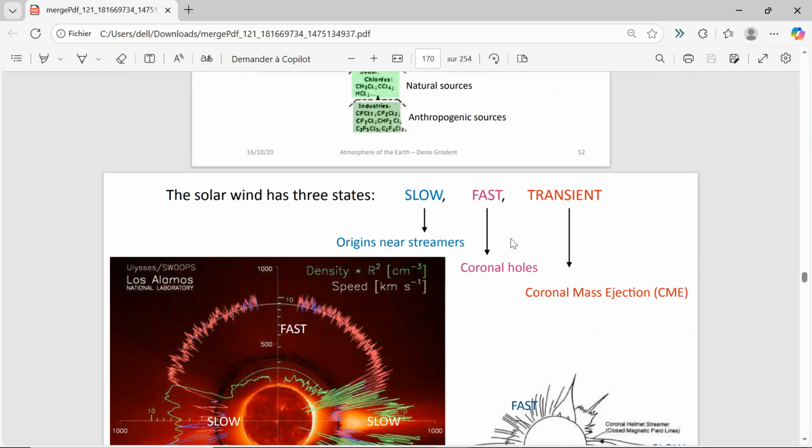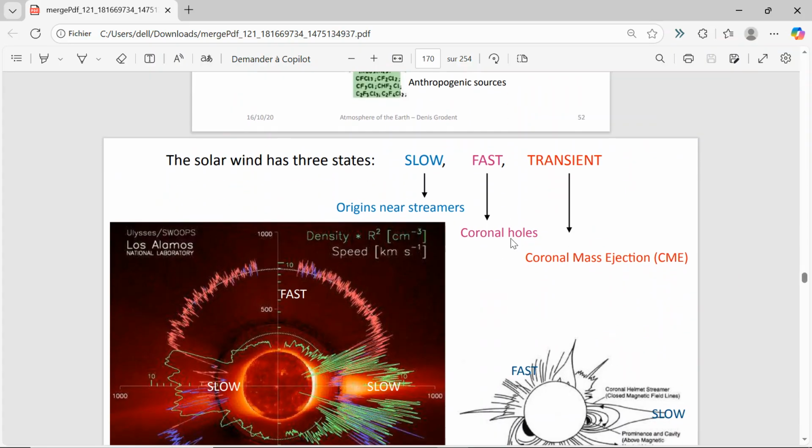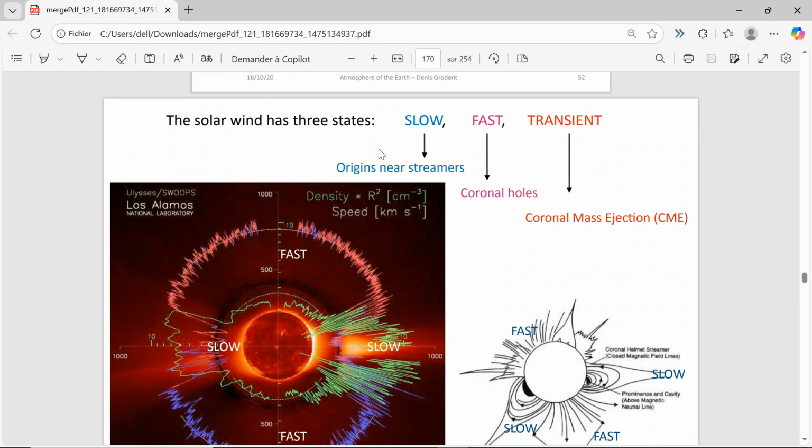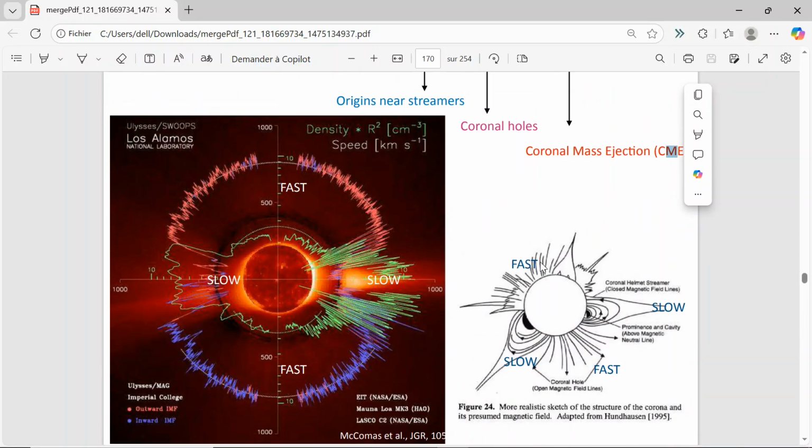So we switch to totally different topics. Here, the solar wind. Talking about the solar wind, there is slow, fast, or transient solar wind. The most dangerous one being the coronal mass ejection, leading to plasmoid ejection with a front of charged particles that will perturb the magnetosphere of the Earth.